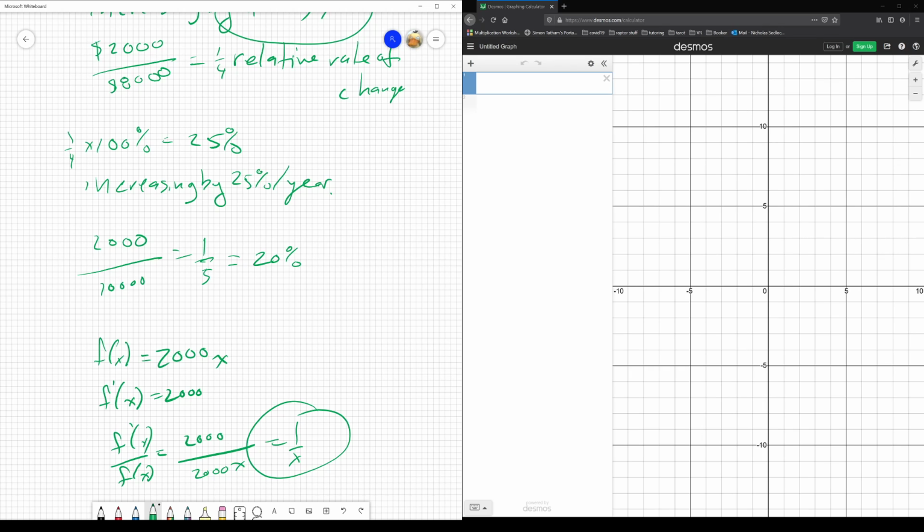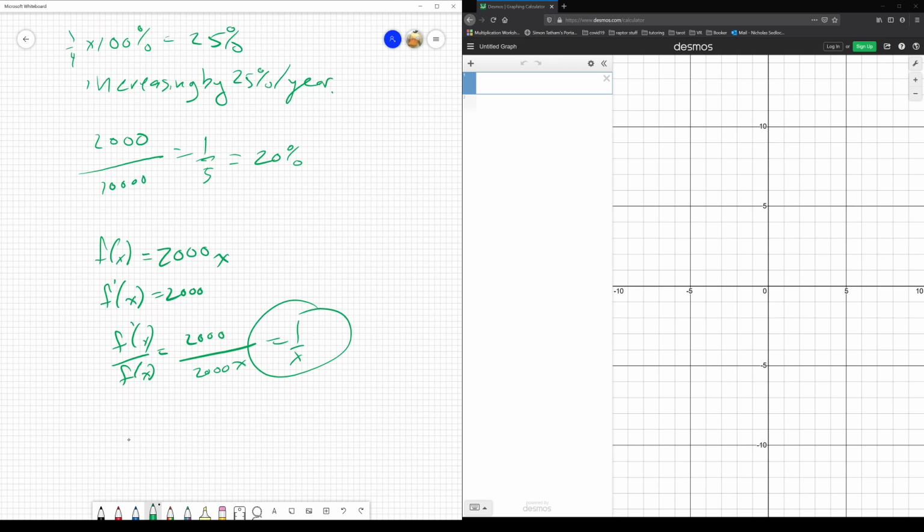So in year 1, if x equals 1, then you get a relative rate of change of 1 or of 100%, which means you're getting 100% change, which is right, because it's going to go from 2,000 to 4,000.